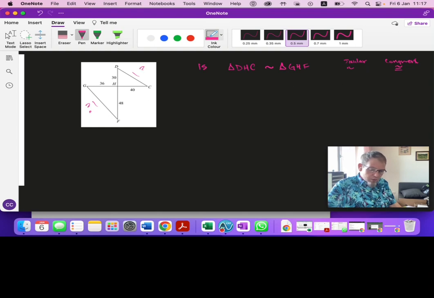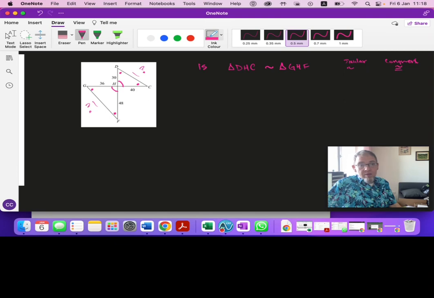We have no clue what these two are. So we can't do the side, side, side thing. We don't know anything about these other angles. Now we could if we had some parallel lines there. So what we're going to have to do is use side angle side.